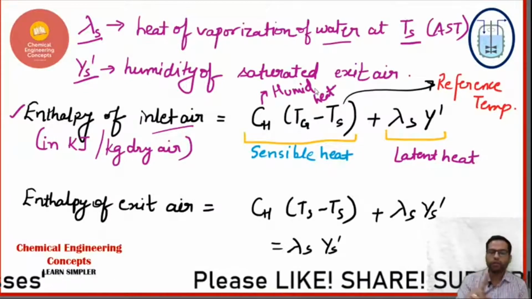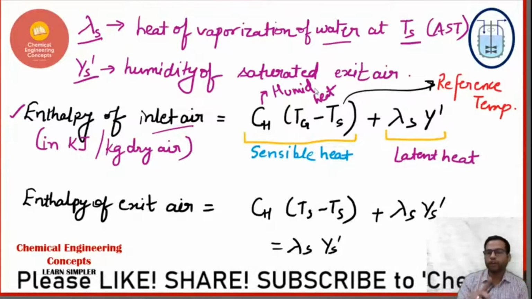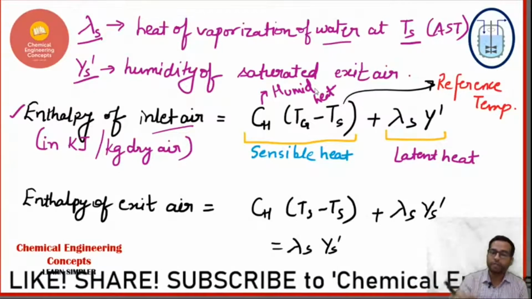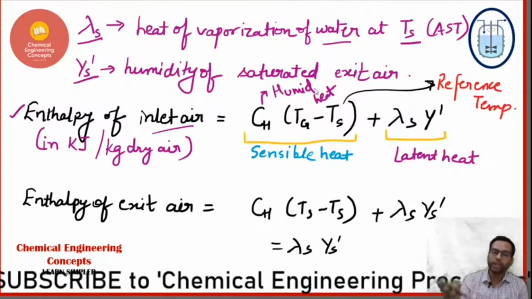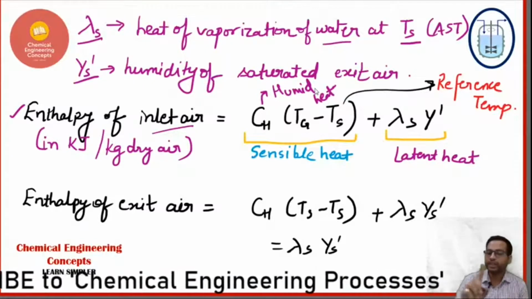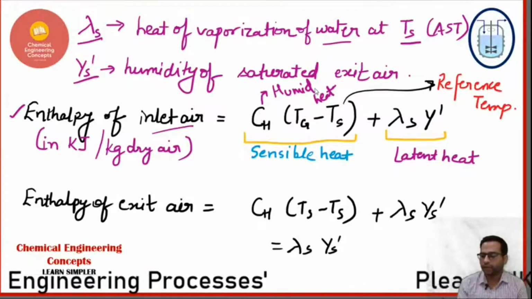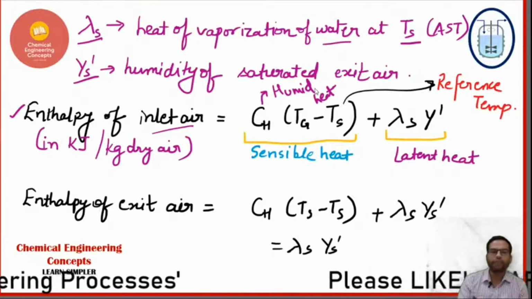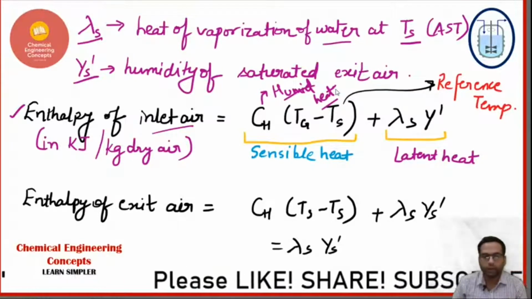So for 1 mole or 1 kg of this air with its accompanying vapor, the heat required to heat it by 1 degree centigrade or 1 Kelvin will be the humid heat, right? Its definition is basic, you all have studied it, I hope you know. If you don't know, then note it down, I have already told you, right?